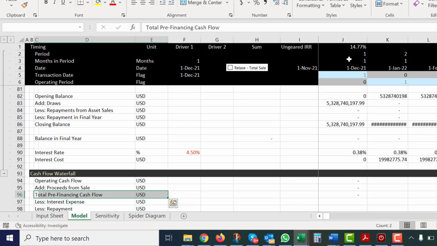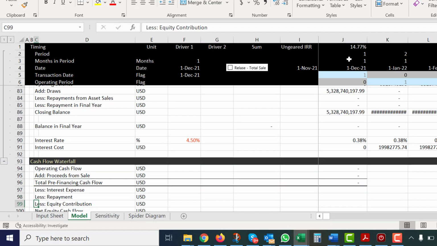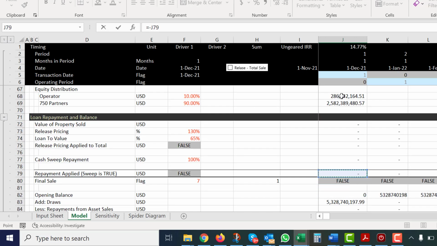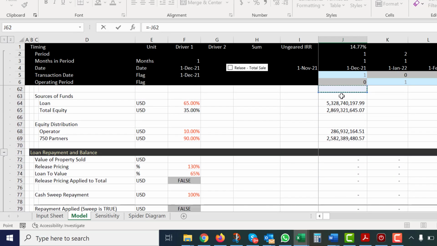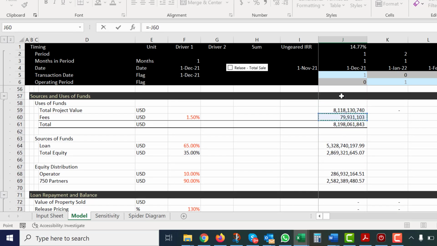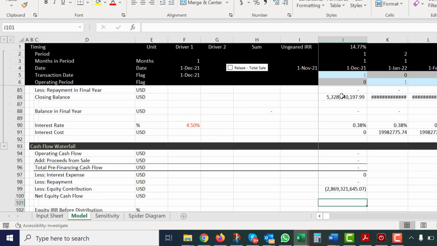We already put it together, and we take this plus that, and we'll get the pre-financing cash flow. Maybe we'll make an underline, and then we can take away the interest expense, and we better also take away the repayment of the debt, which includes the repayment just in case from our final year. And then let's put a minus on how much equity, so let's get the overall equity contribution before we split it further.